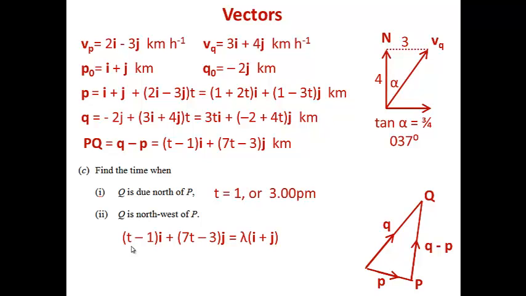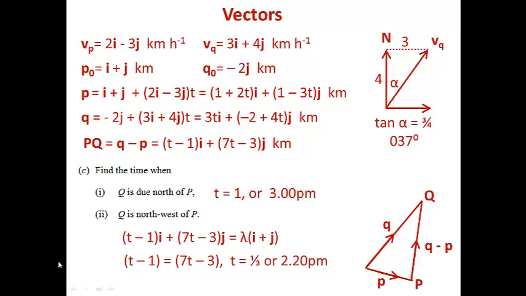This is because i plus j is a vector in the northwesterly direction, and if PQ is pointing in the northwesterly direction, PQ must be parallel to i plus j, and so it's a scalar multiple of i plus j. To solve this equation, we simply have to work out the value of t when the i and j components of PQ are the same.